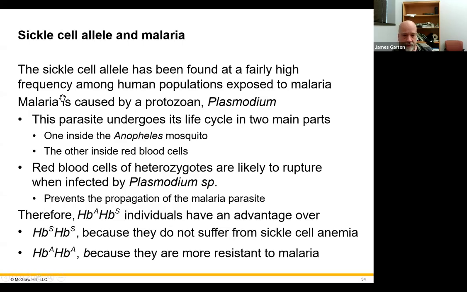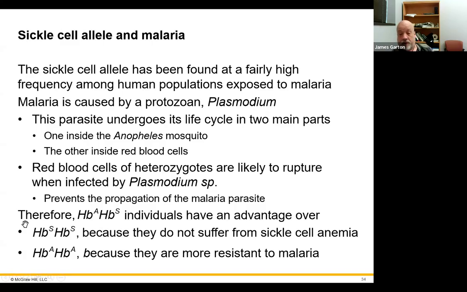And if you are heterozygous for sickle cell, HbA, HbS, when this plasmodium gets into those sickle cells, when they sickle, they rupture. And when they rupture, they kill that protozoan. And therefore, if you're heterozygous at this allele, you are at an advantage.